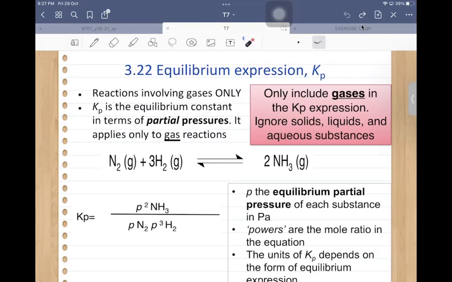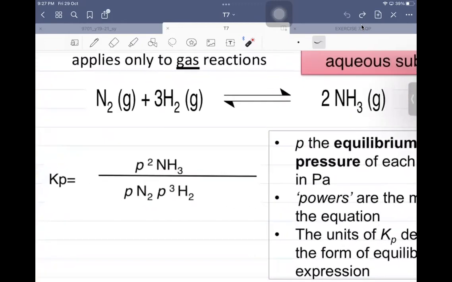Okay, so here's an example. Our equilibrium system is the formation of ammonia from the combination of nitrogen and hydrogen to form 2 moles of ammonia. So Kp is now in terms of partial pressure. In Kc, our concentration, we use the symbol square bracket.